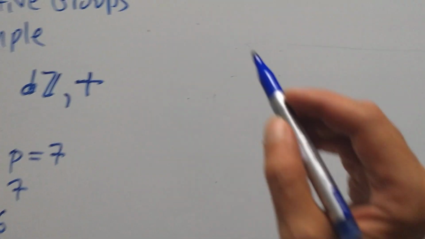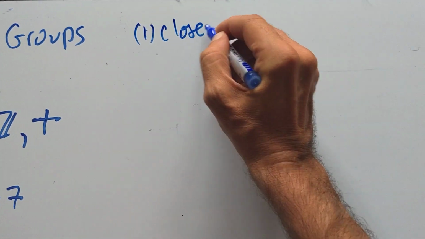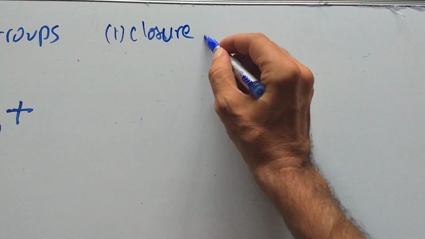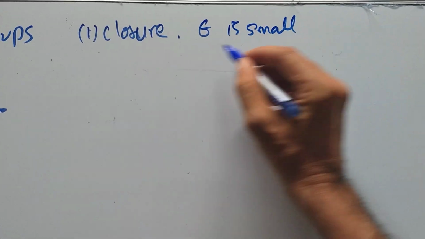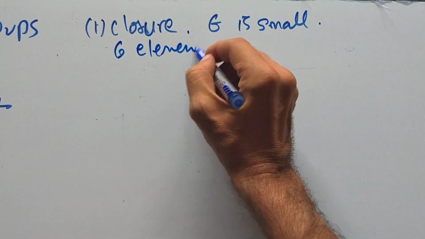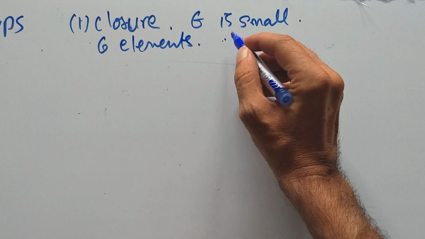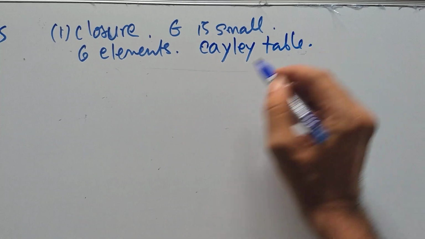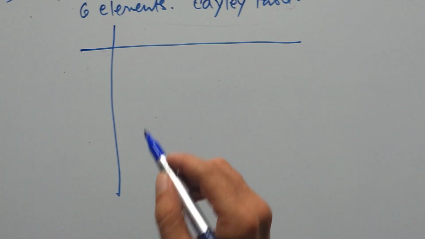Okay, closure. To do closure, I can just build a table. This is a small group. G is only 6 elements, so I can build a closure table or multiplication table. It's actually called a Cayley table. So let's build the Cayley table with multiplication mod 7.